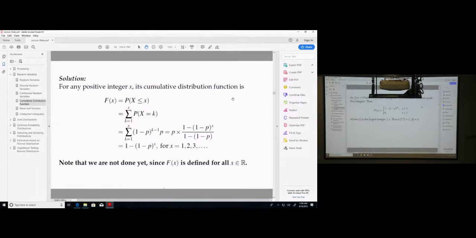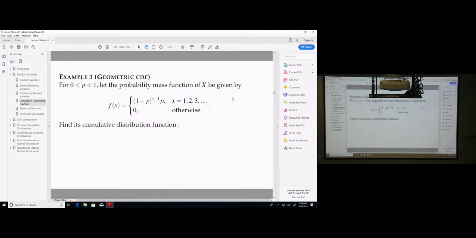Of course, it takes a little bit more effort to explain this, but the reason why I spend time on this is because this is going to be one of the common discrete random variables, the geometric random variable. There is a parallel. Here you are thinking of waiting for the very first success, but there is actually a parallel, what we call the negative binomial distribution. If you are not just happy with the first success, suppose you keep waiting until the 10th success, then that would be a negative binomial.